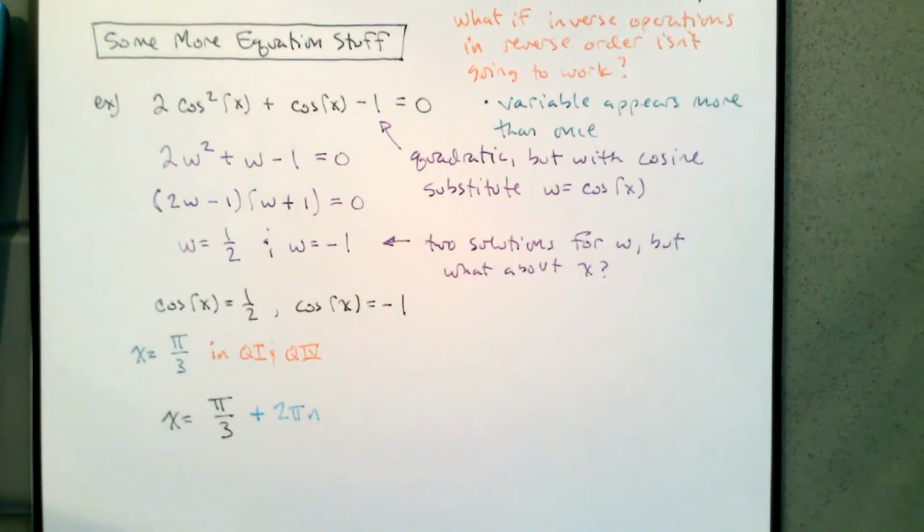I also got to put pi/3 in quadrant 4. Since I'm writing all the solutions, an easy way to do it would just be to say negative pi/3 plus 2 pi n.